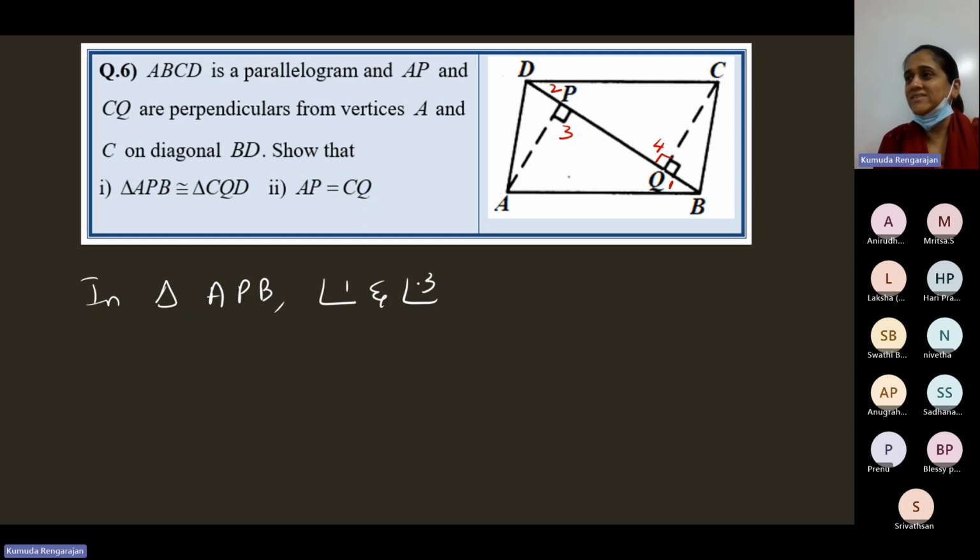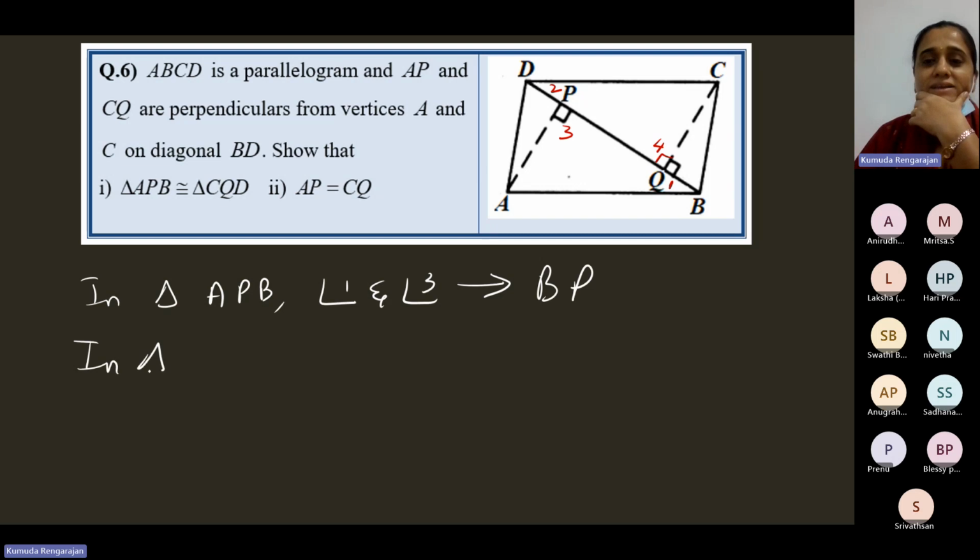At which vertex? B. At which vertex is angle 3 formed? Put it together. That's the included side. Swati was right. Angle 1 is formed at B and angle 3 is formed at P. So BP is the included side.